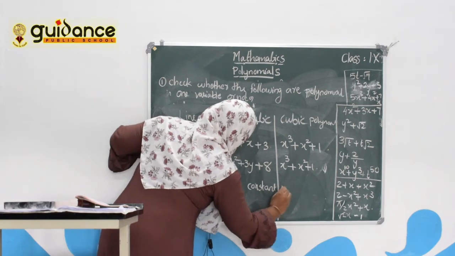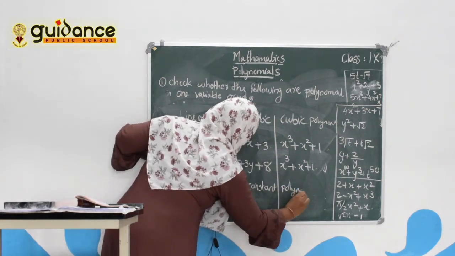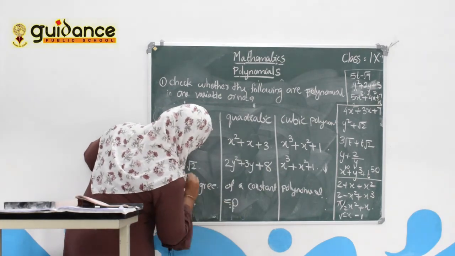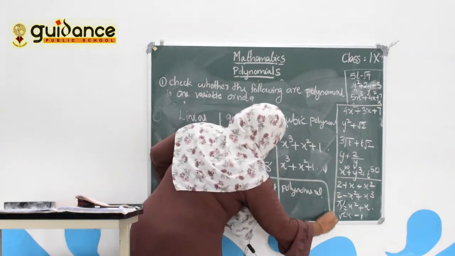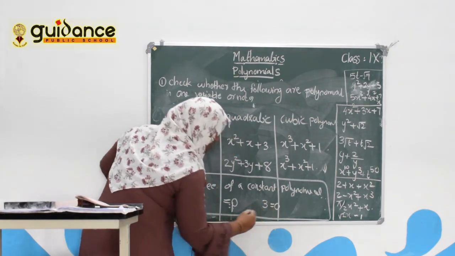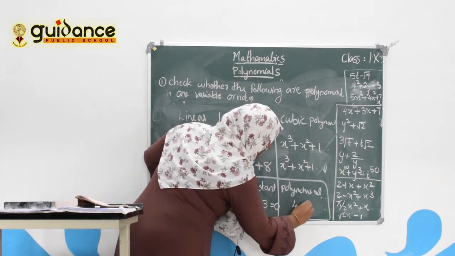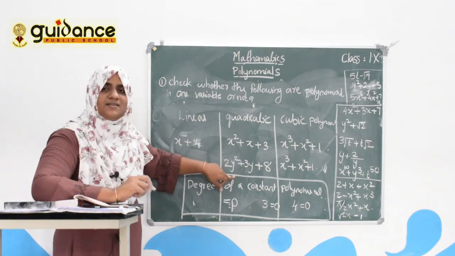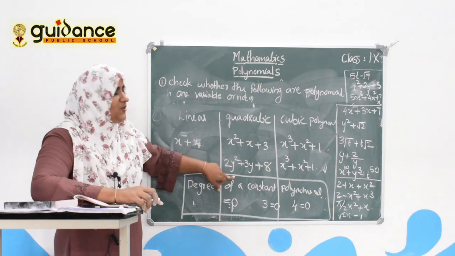For example, degree of 3 equal to 0, then degree of 4 equal to 0. In general, the degree of a constant polynomial equal to 0. Okay, all of you understood?